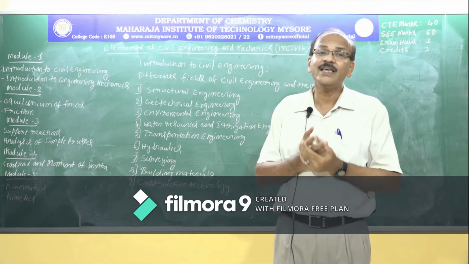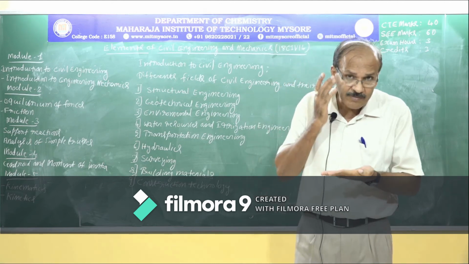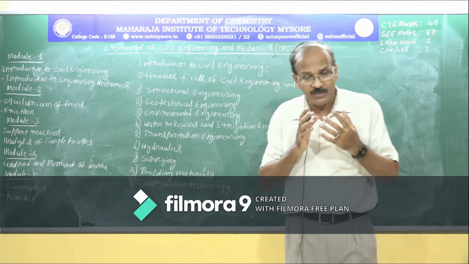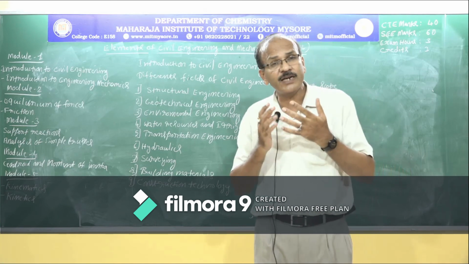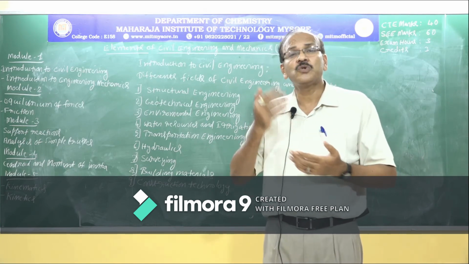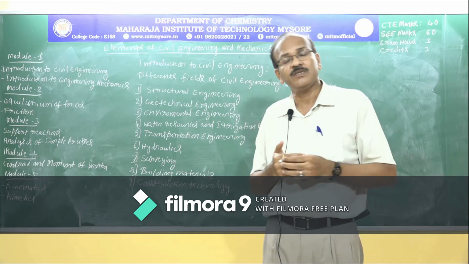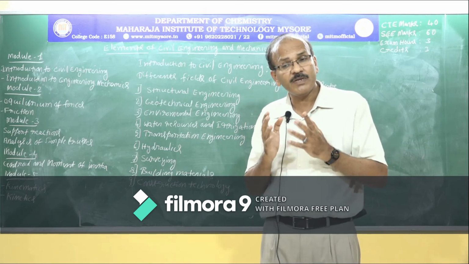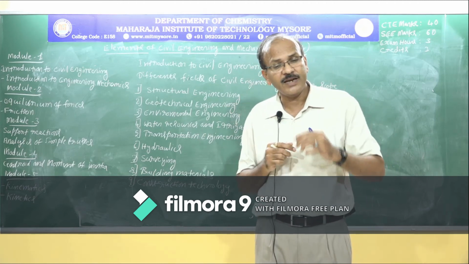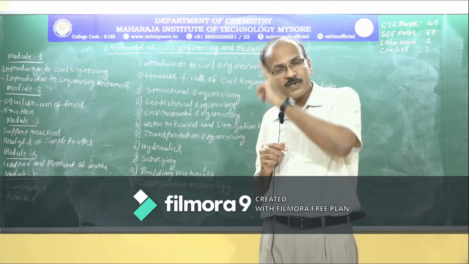Okay, we are going to study the properties of the materials used for the bricks, and also once a brick is made, we are going to study the physical properties and also the engineering properties of those bricks. That means those bricks have to satisfy certain conditions, like it has to have certain crushing strength.